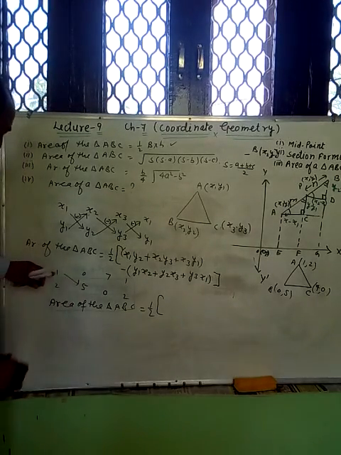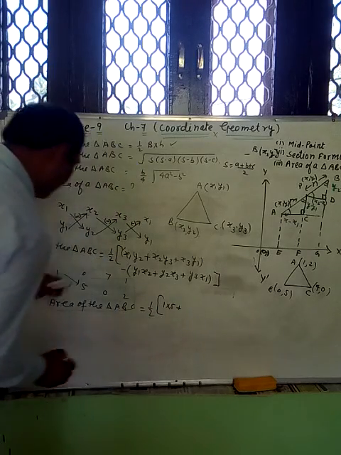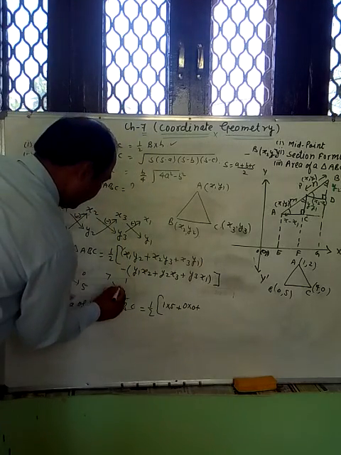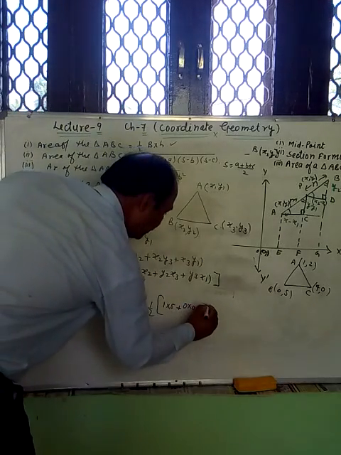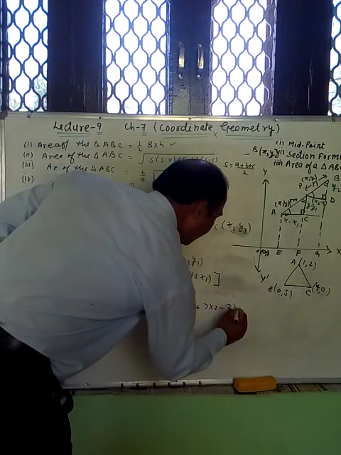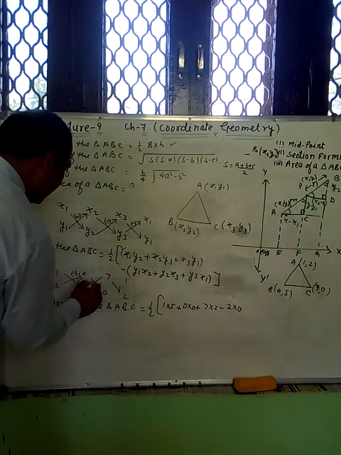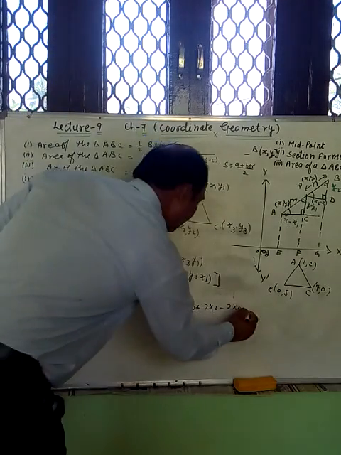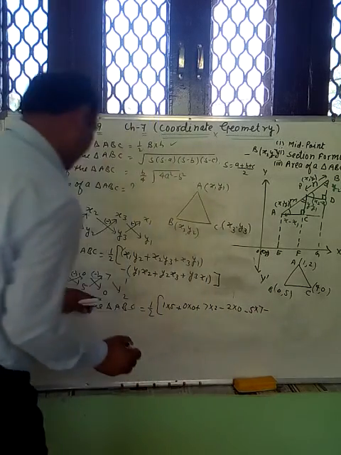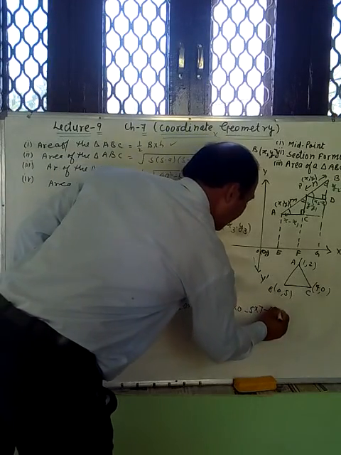Now the area of the triangle ABC is equal to 1 upon 2 times: 1 into 5, plus 0 into 0, plus 7 into 2, minus 2 into 0, minus 5 into 7, minus 0 into 1.